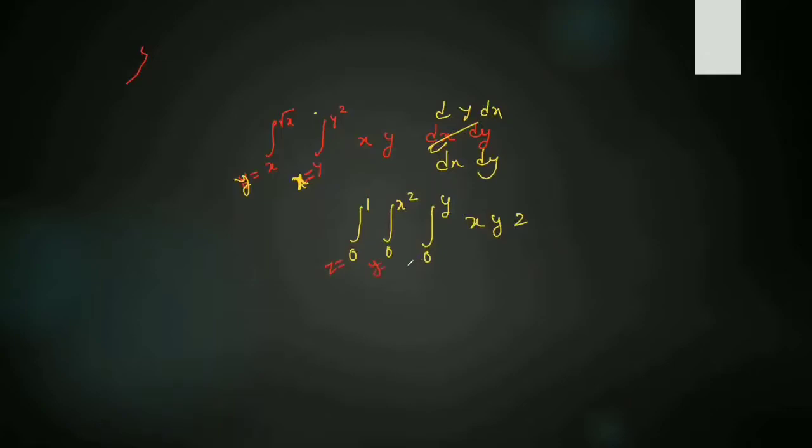Third one is x. With respect to what will you integrate first? No, x. With respect to x first, then with respect to y, then with respect to z. Clear? Okay, sir. Yes, good.